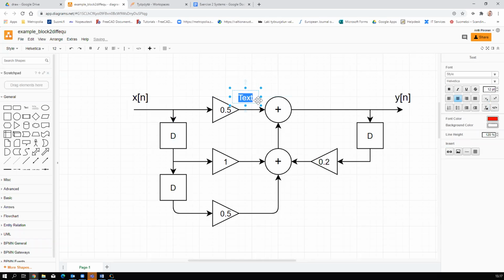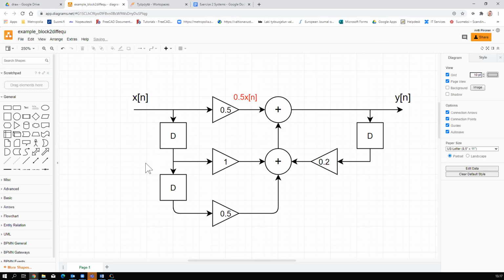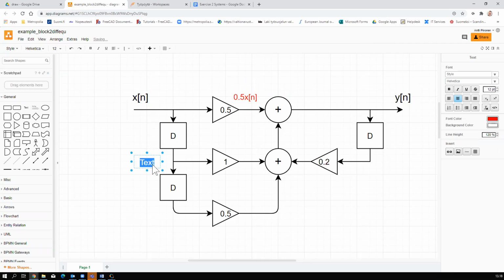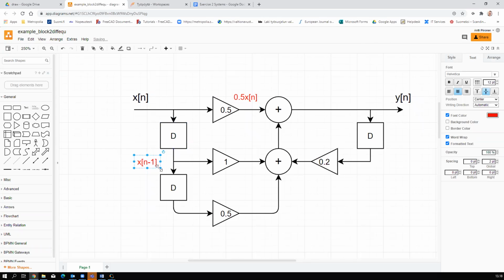So on this point is 0.5 times x of n. At that point, we have x of n minus 1, since we have this one delay. Okay, good.